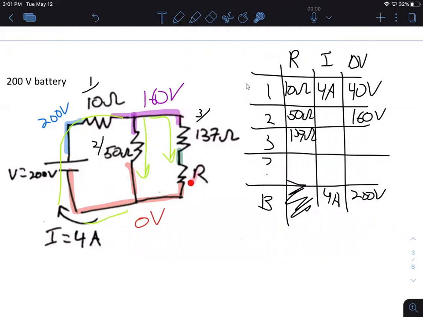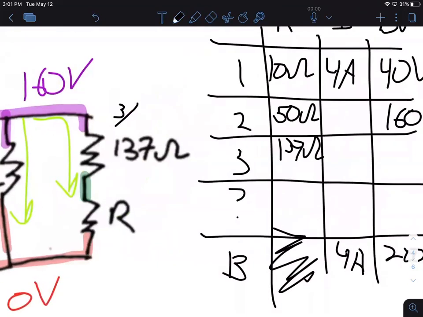I know these two together give 160, but I see I had this 160 and this 50, so I can find this current. Delta V equals IR, so 160 divided by 50, 3.2 amps.